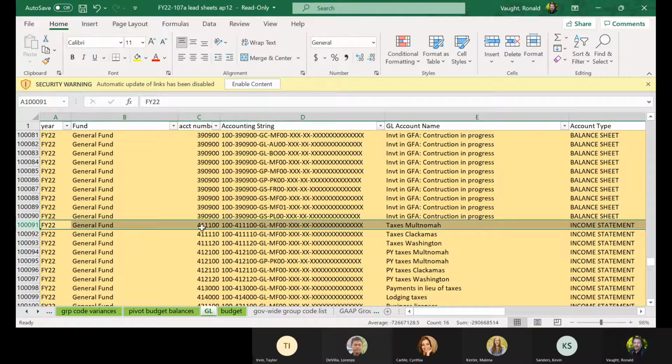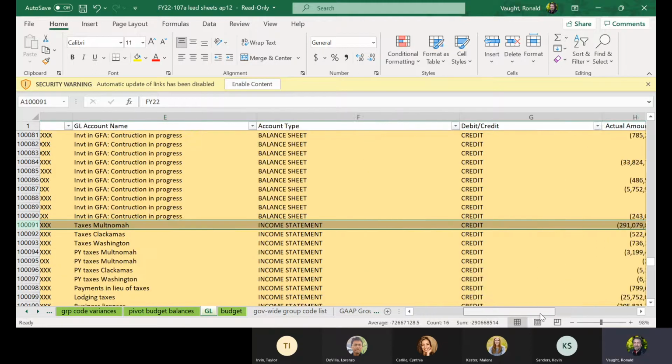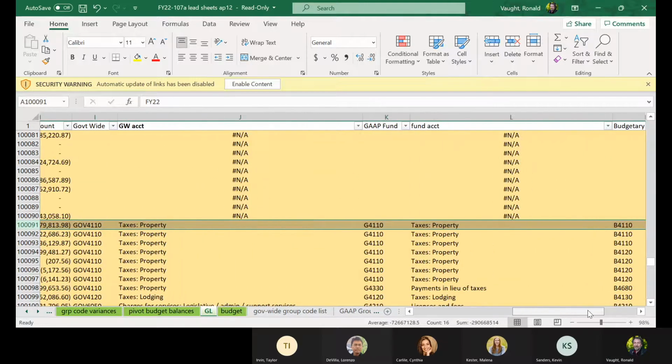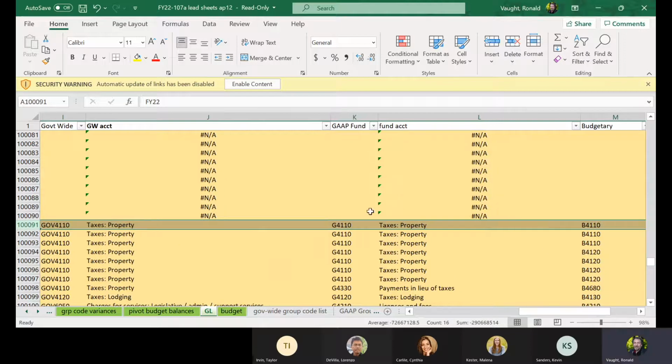So starting with account 41100, so taxes here, I went over here and started looking at every account, and does it have a GAAP group code and a budget group code, or is it missing one?